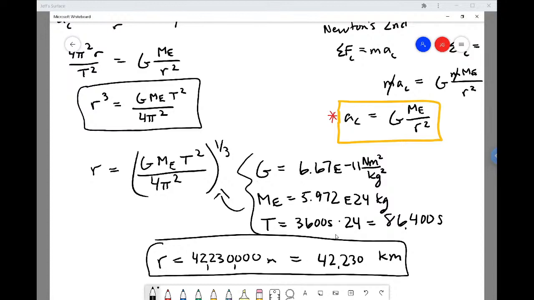So, if you look up the radius of a geostationary orbit, the answer you get is more like 42,160 kilometers. And the reason you get something that's a little bit different is because if you look up the actual value for a geostationary orbit, you get something depending on what the nature of that orbit is.